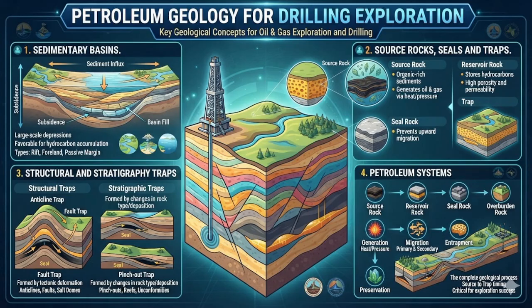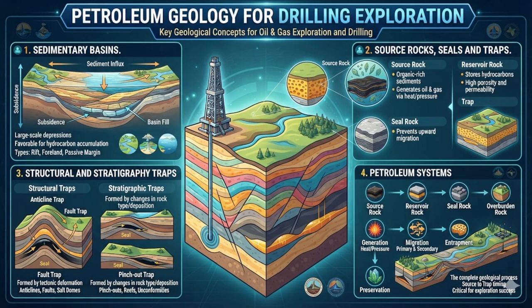A petroleum system is the complete set of geological elements and processes necessary for generation, migration, accumulation, and preservation of hydrocarbons, that is the oil and natural gas. And then key elements of a petroleum system.